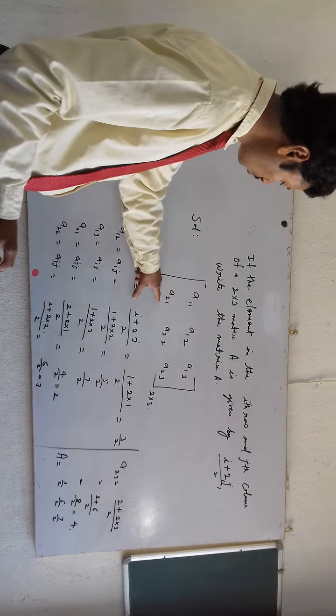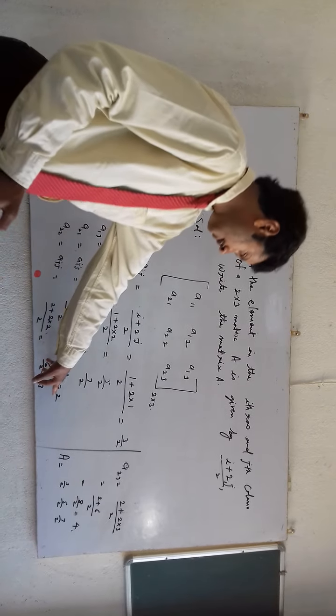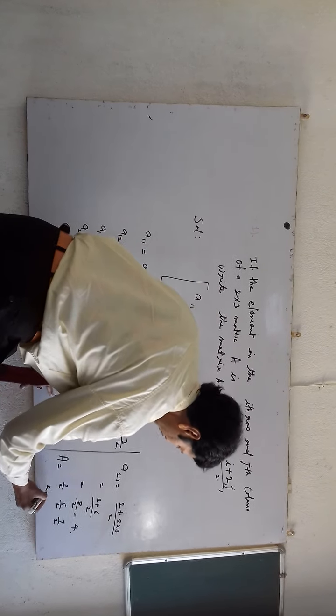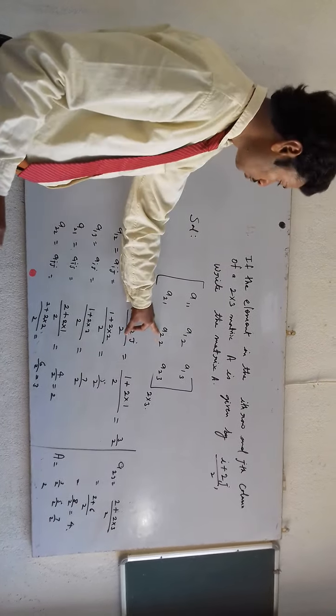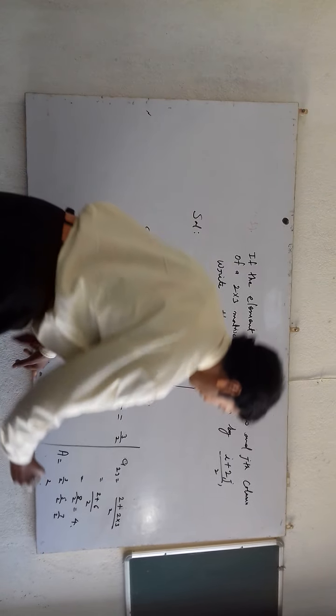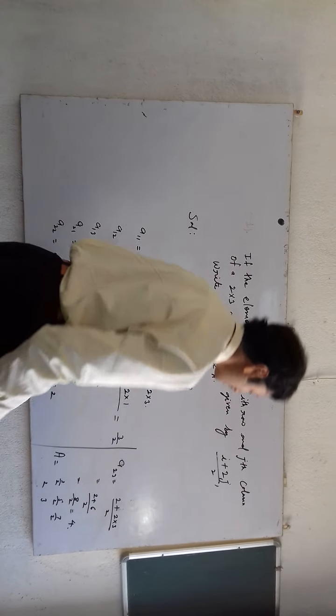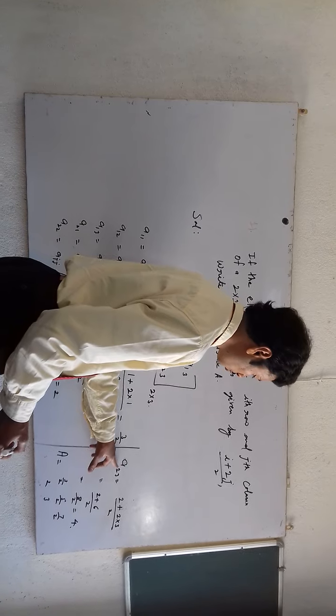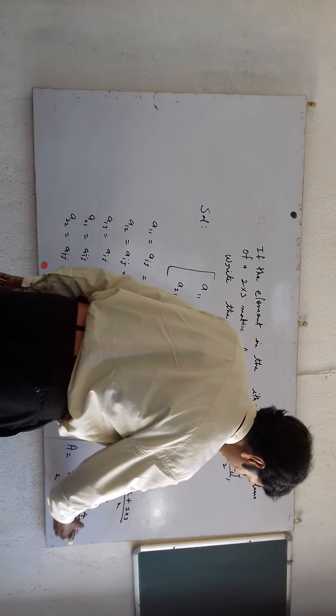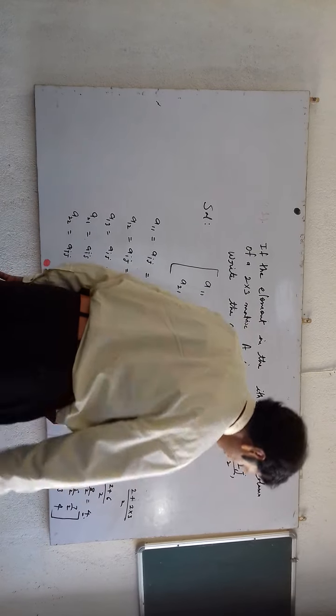Next a21, we get 2, a22 we get 3, and the sixth element is a23, that we get the number 4. So this is our required matrix.